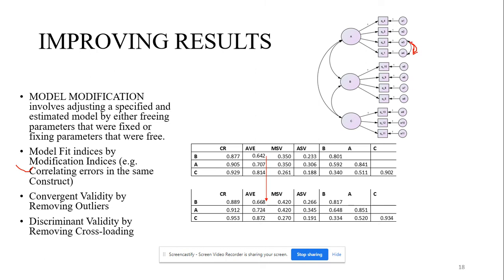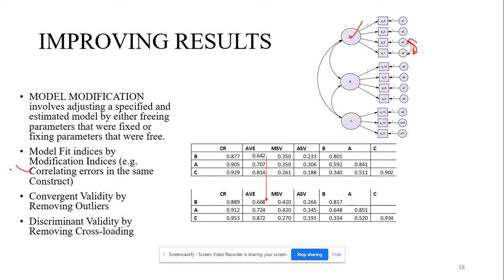They have to be in the same construct, and for these observed variables when the error terms are correlated, this will improve the model fit in terms of C-min divided by degree of freedom, and CFI level is also improved.